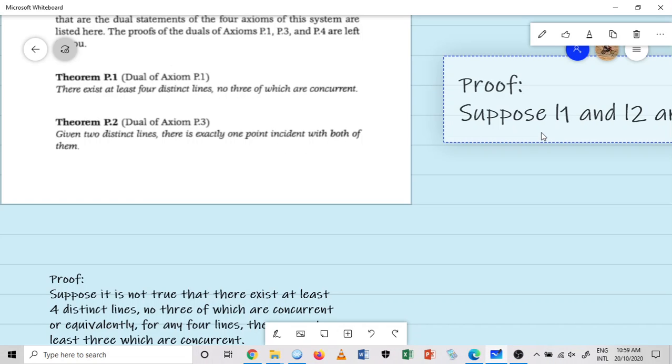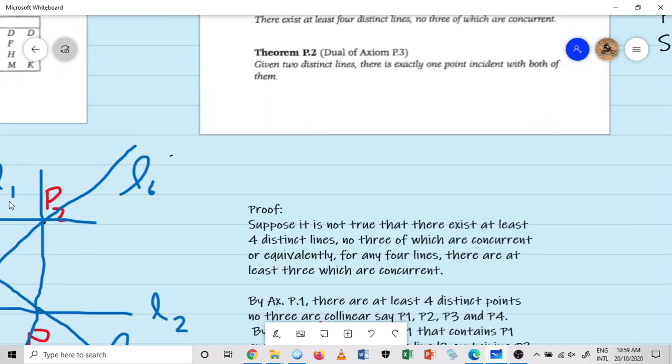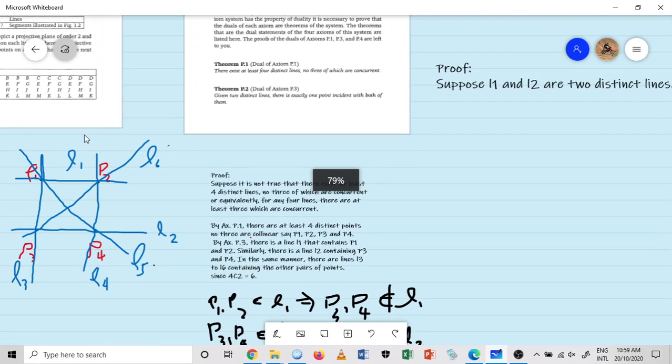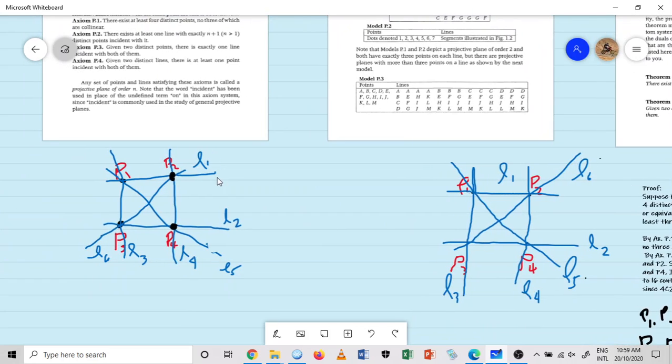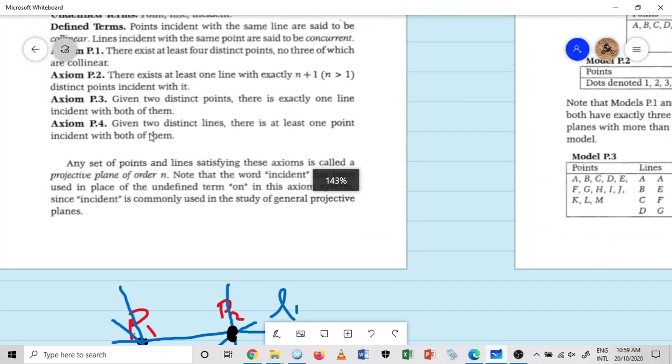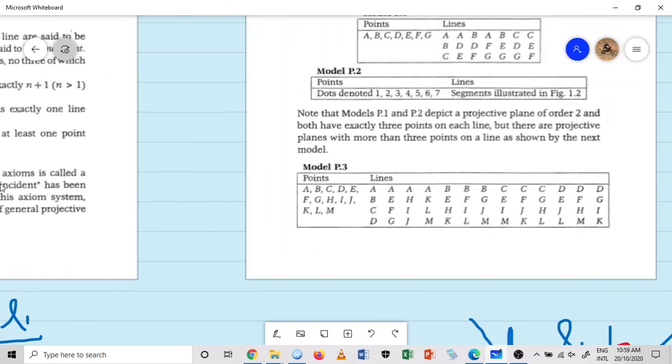But then, axiom P.4 assures that every 2 lines should intersect at least 1 point. We would go back to axiom P.4 here. Given two distinct lines, there is at least one point incident with both of them.